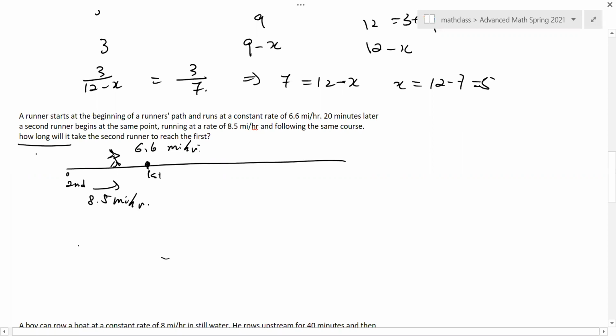Then we can say t hours. So we're curious, 20 minutes later, what is the distance? Keep the distance here. So it could be 60.6 times 20 over 60.